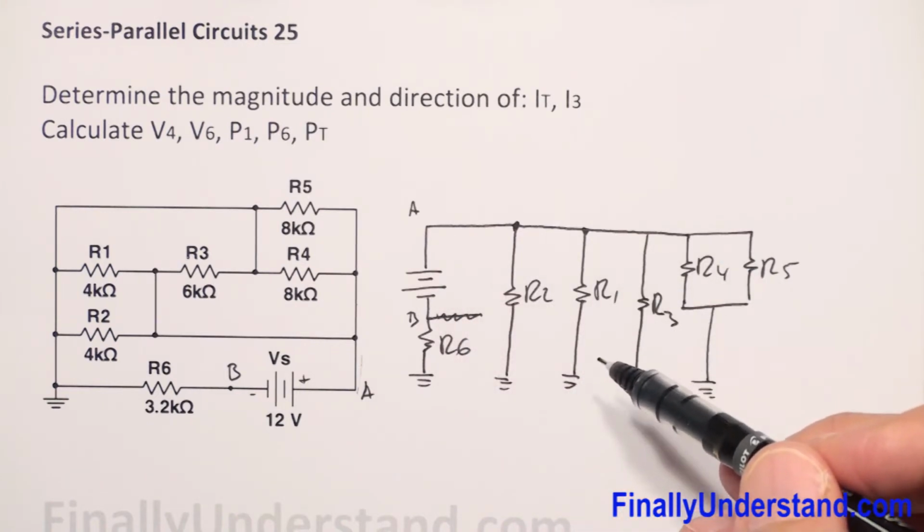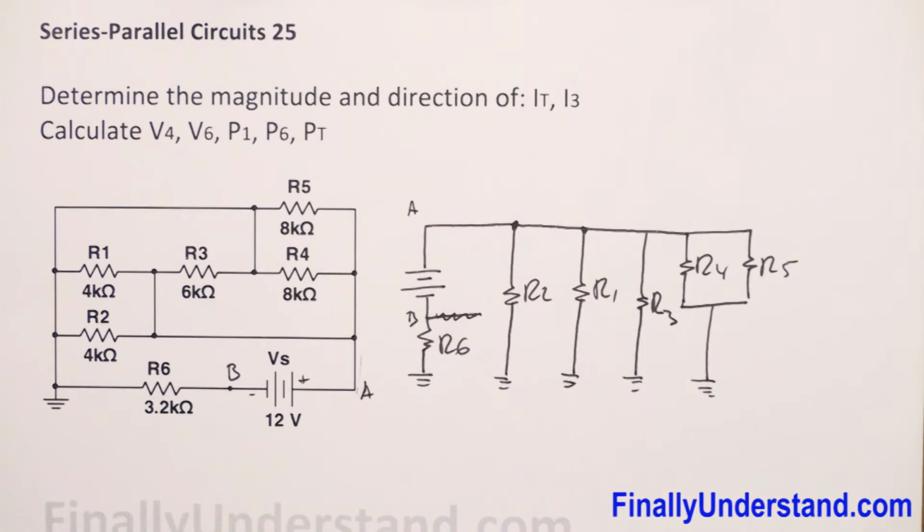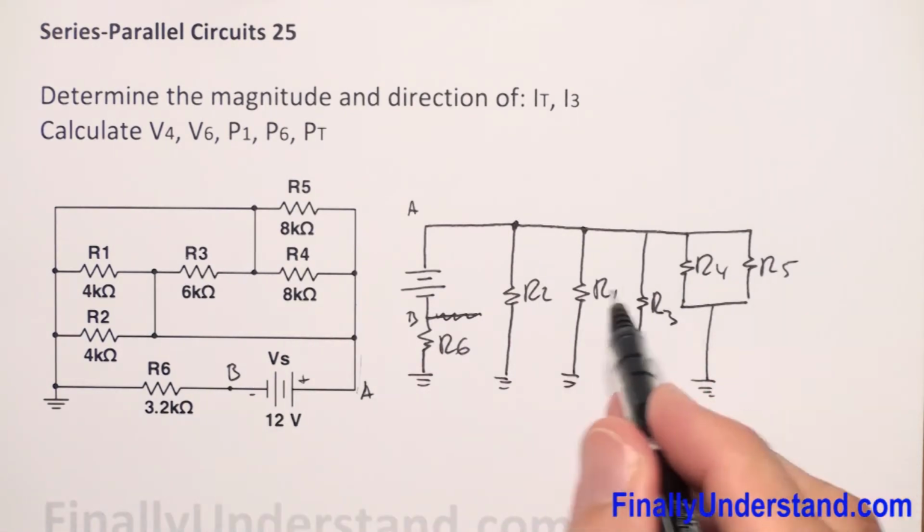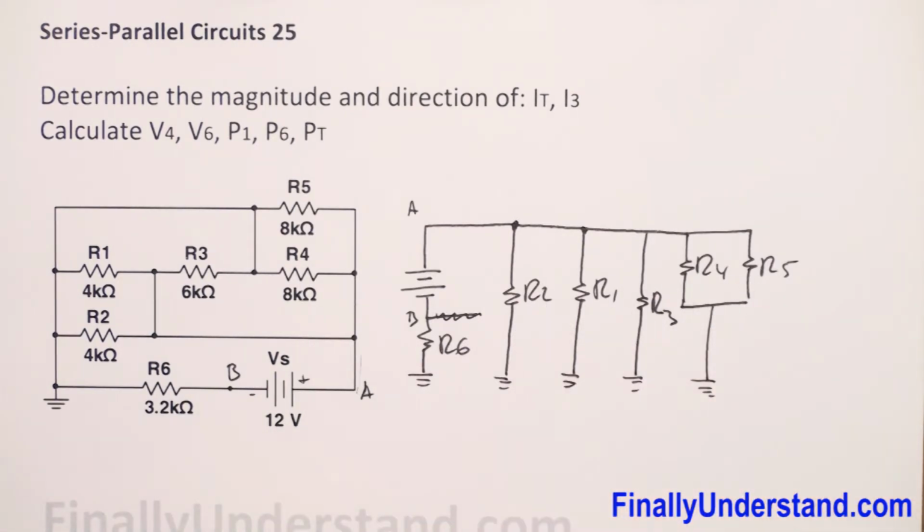So what are we supposed to find? We're supposed to find I total. So in order to find I total, I'm going to find total resistance first. Because these 5 resistors are connected in parallel, I'm going to use the following formula.